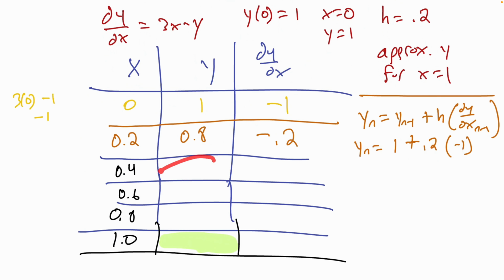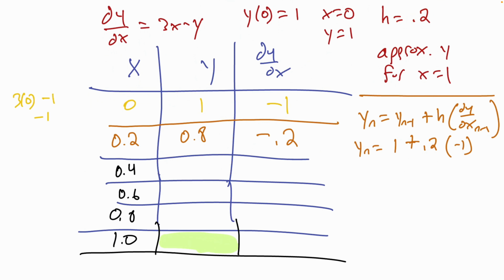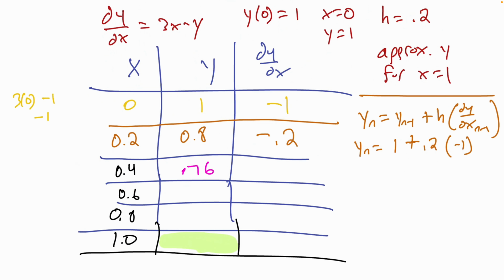So for instance, to get this new y, we're going to take the last y plus the step size times the last derivative. Okay? And so all of that is going to work, and we'll get 0.76, and then we'll plug our x and our y for this row into the differential equation, and we'll get out a dy/dx for this row of 0.44. And then we just keep going.